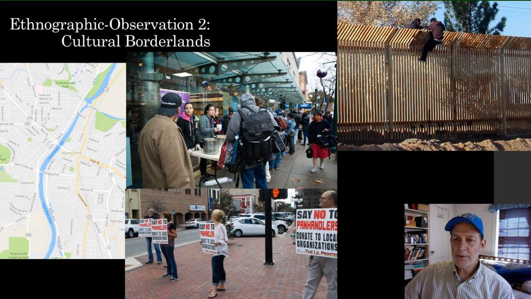At the end of Module 6, I'll also introduce Ethnographic Observation 2 on cultural borders and borderlands. Here, I'll ask you to identify and observe a cultural borderland in your community or a nearby one. You should visit this border area, describe it from both sides of the border, and pay attention to both border maintenance and border crossings.